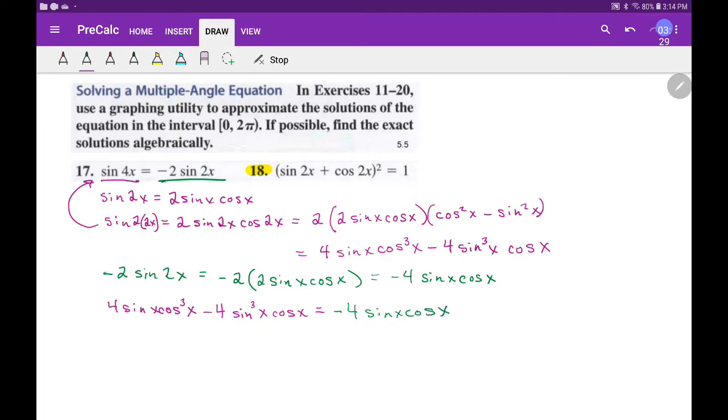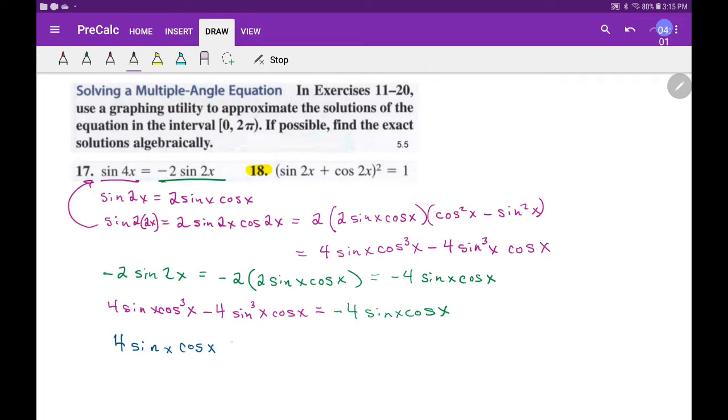So I've taken everything out to its extreme position here, and now I realize, hey, I could factor something out of both of these, right? And so I will. Let's factor out 4 sine x cosine x.